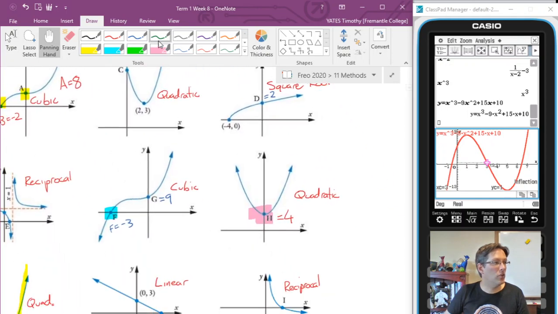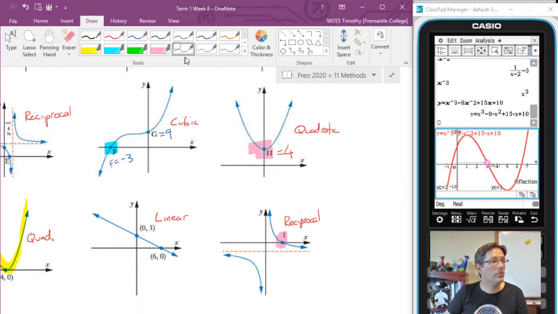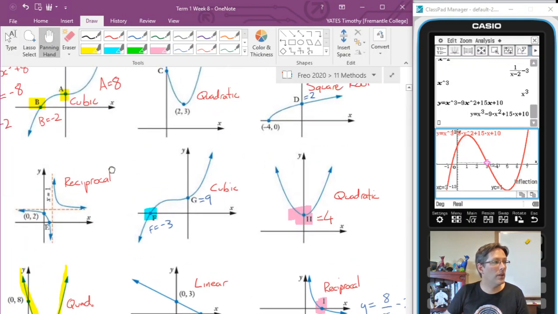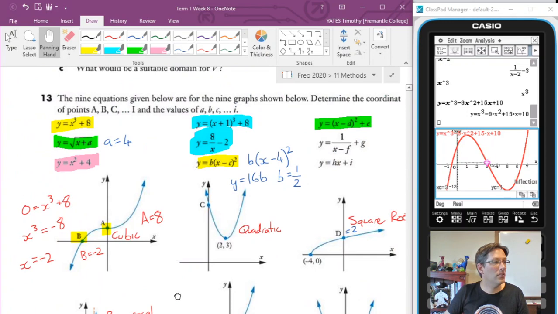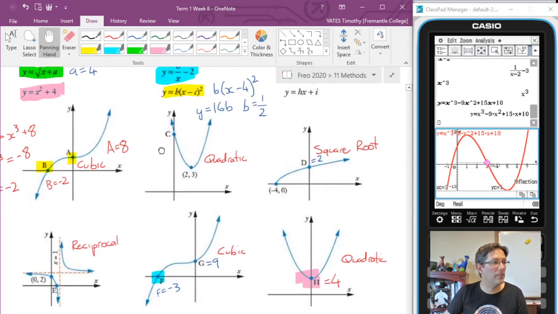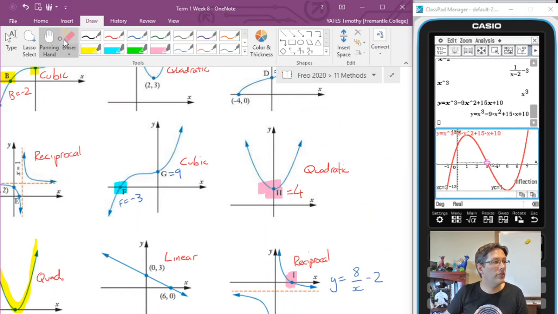There it is, red, pink rather. So this one's been shifted down by 2, but where's that point? The equation for this one was y equals 8 on x take 2, if I recall. Let's have a look back up there. Yep, 8 on x. Oh, I did blue, not pink. 8 on x take 2.